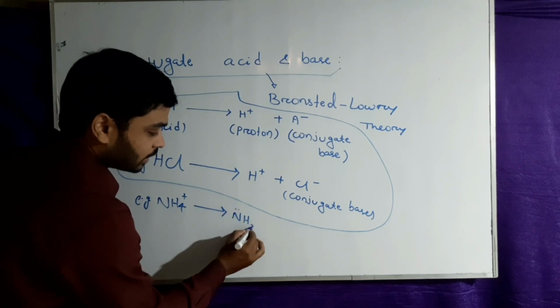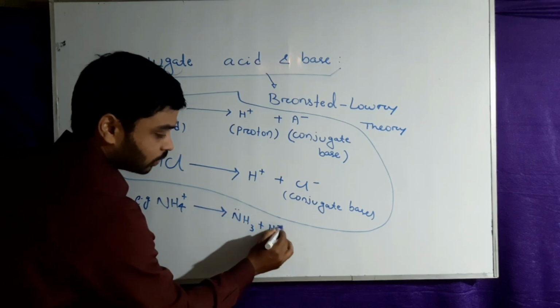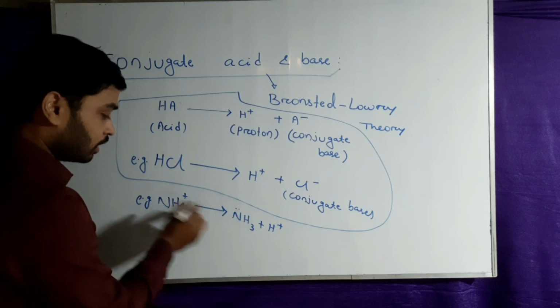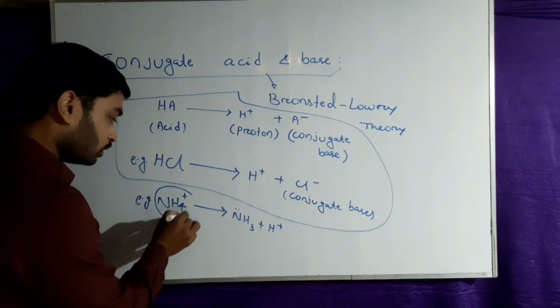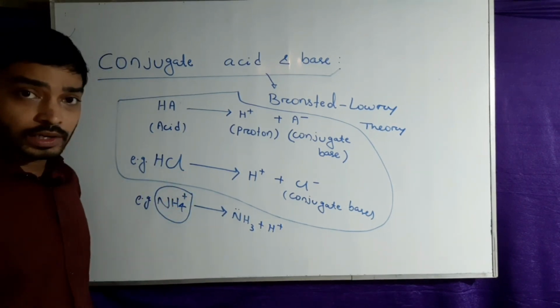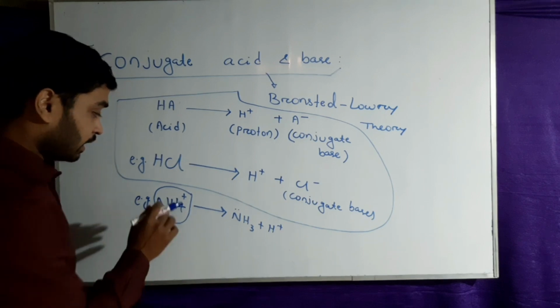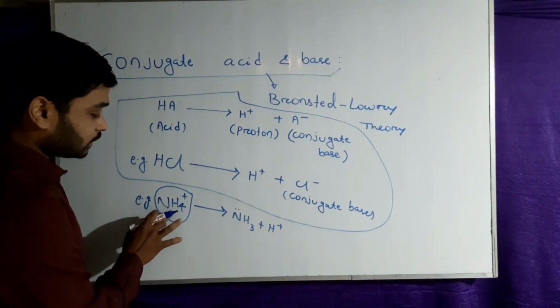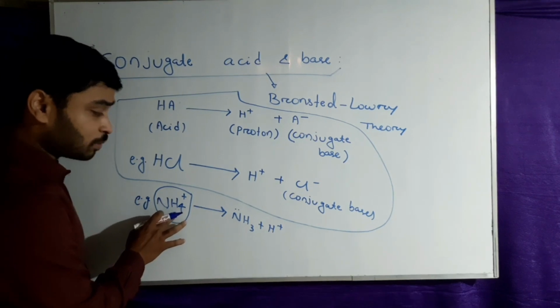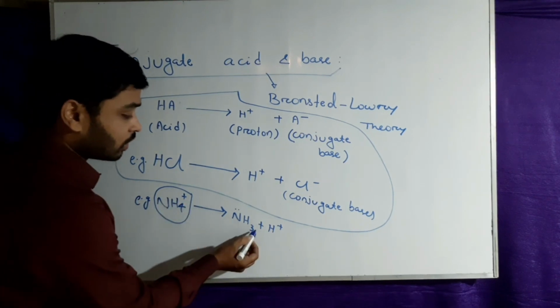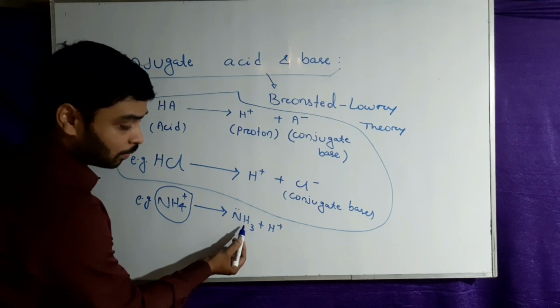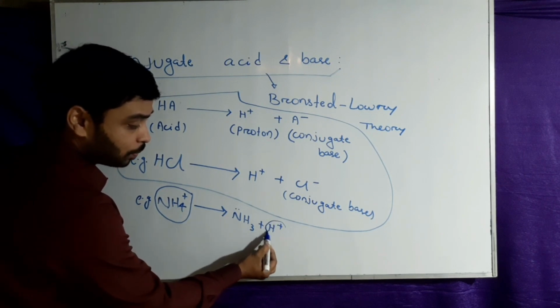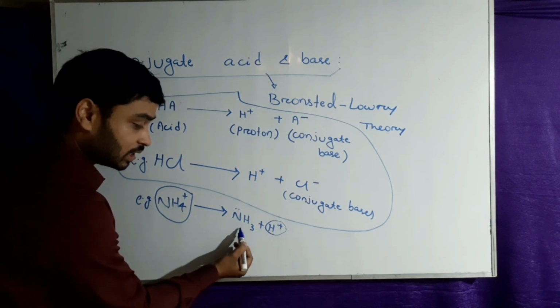When NH3 receives H plus ion, the resulting compound will be called NH4 plus ion. Mark that in this case, the NH4 plus ion is produced due to receipt of the H plus ion or proton by the NH3.